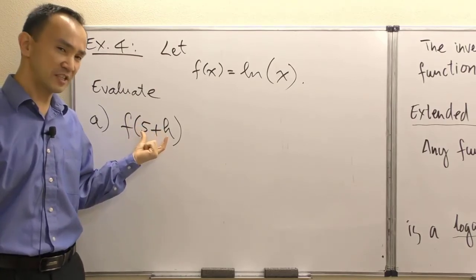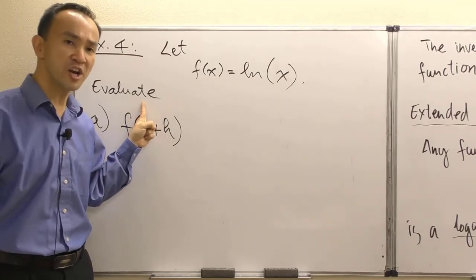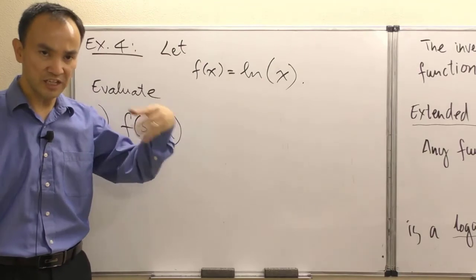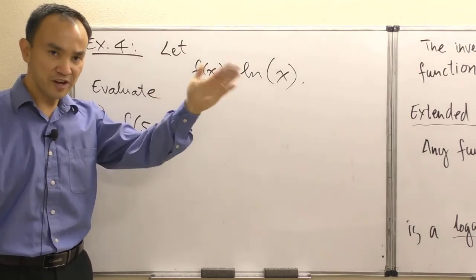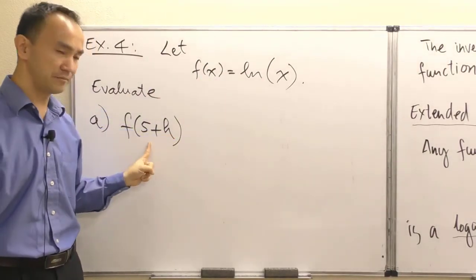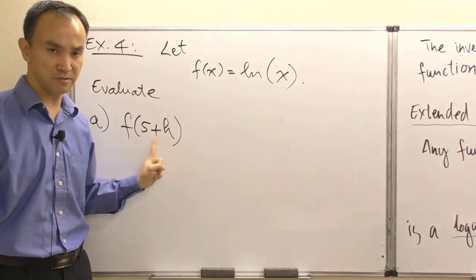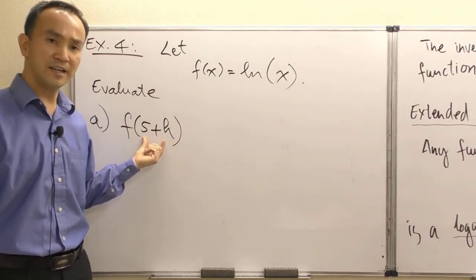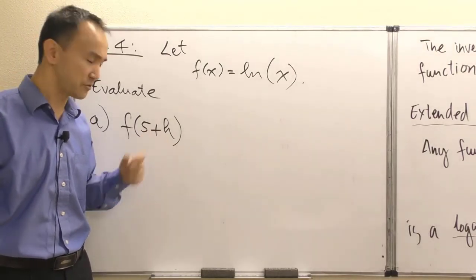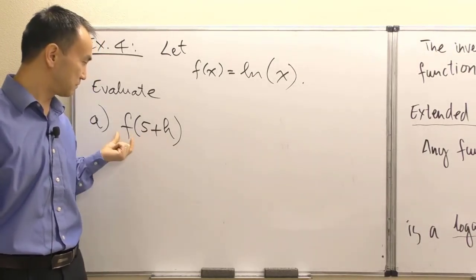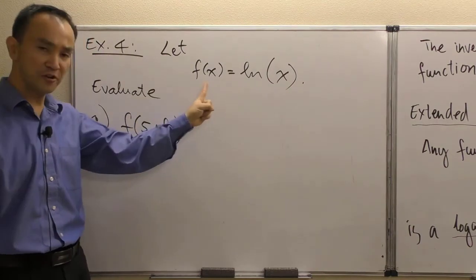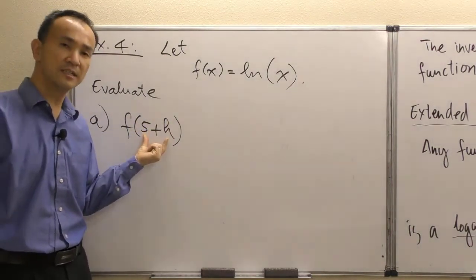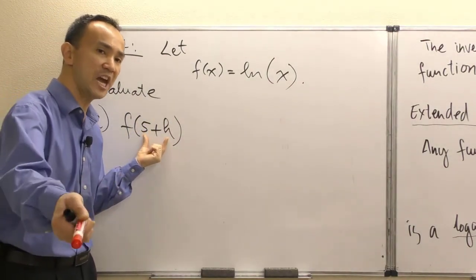I want to emphasize that anytime we're doing an evaluation problem in math, especially evaluating a function at a given input, the input doesn't always have to be a number. Here, right here, we have an input being an expression. So now what it says here, we want to evaluate the same function f right here at input being the 5 plus h expression.